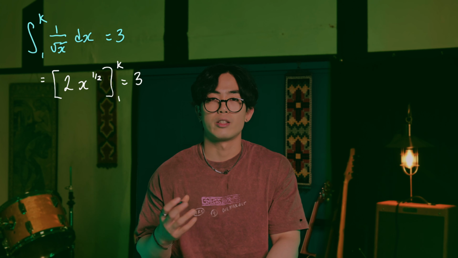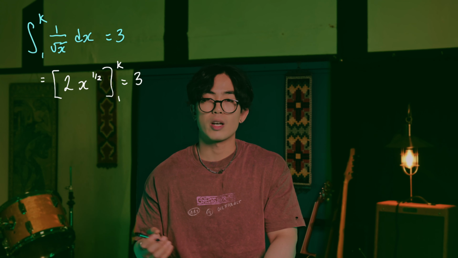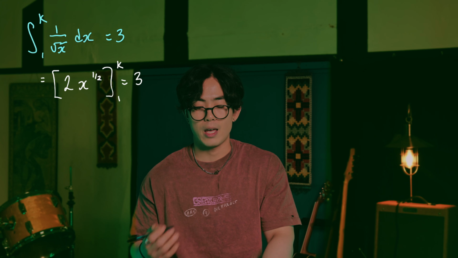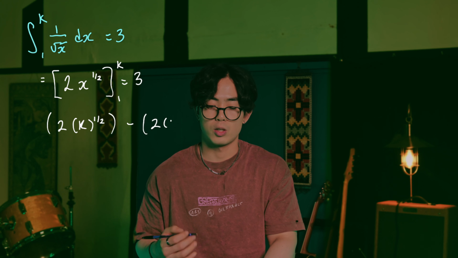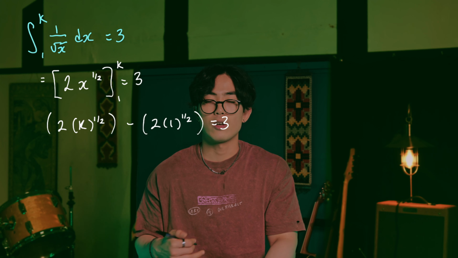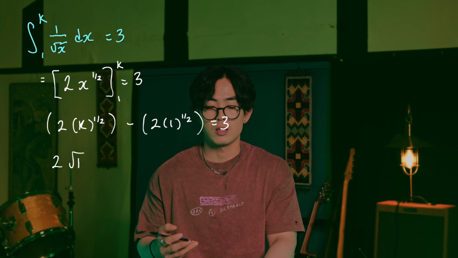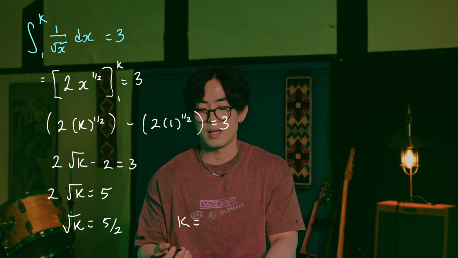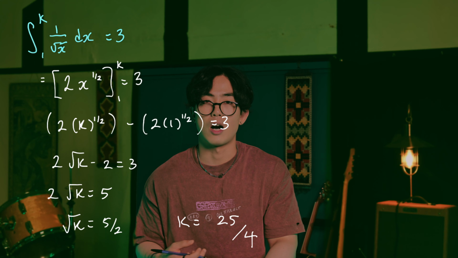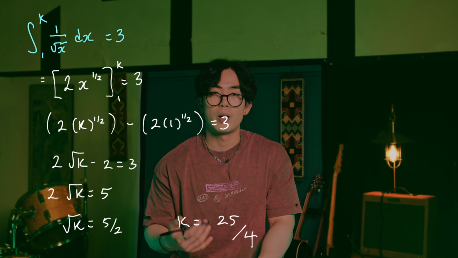This we write in square brackets. Now we input our limits, upper limit k first, so it's going to be 2 root k minus the lower limit of 1, 2, is equal to 3. Now it's just a matter of manipulating it. So we get 2 root k is 5, root k is 5 over 2, k is 25 over 4. That's our upper limit.